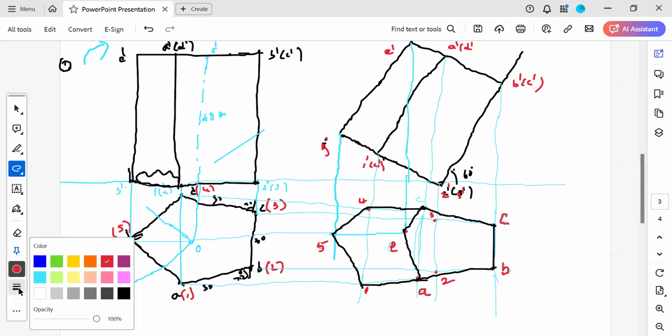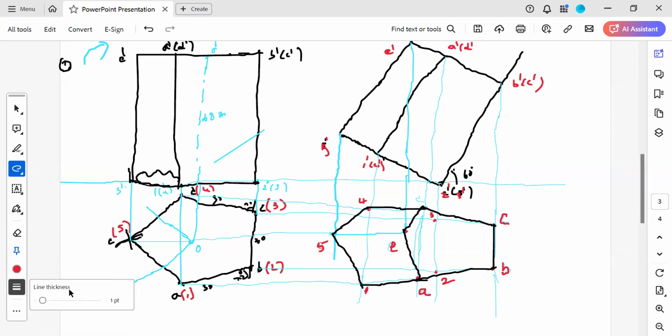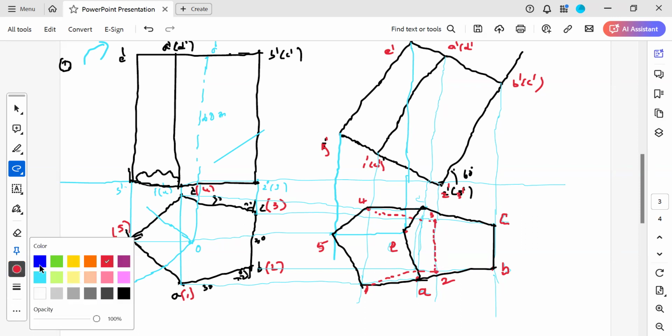The invisible lines will be represented like this. 4 to 3 is there, which is not visible, which will be represented as a dotted line, and 1 to 2 is there, which is not visible, represented with a dotted line. Next one is 2 to 3, which is not visible, represented as a dotted line. So like this we need to draw the projection of the given solid.